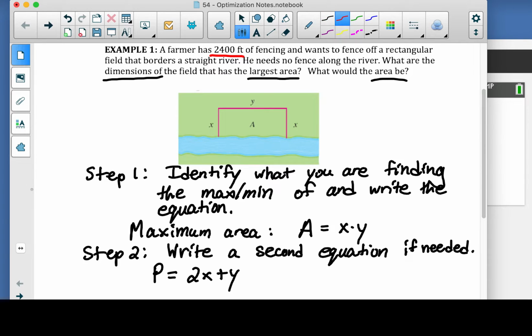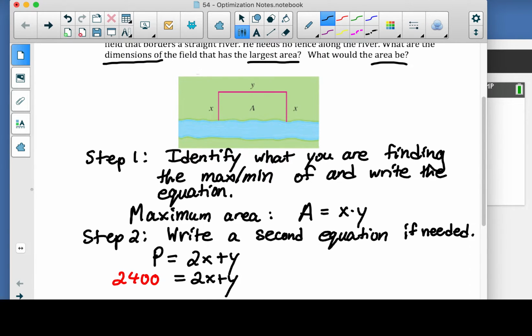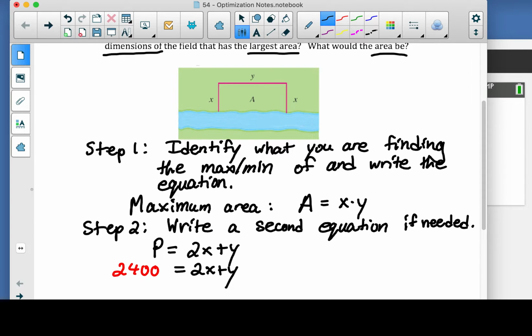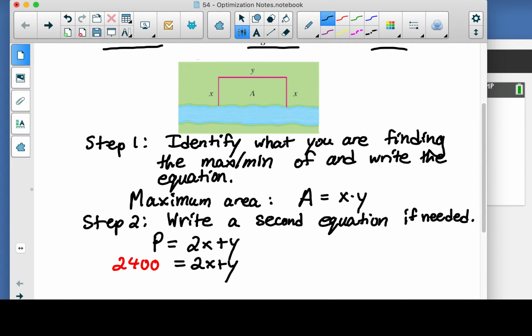In fact, I'm going to keep that in red. And then we're going to pick something. We want to substitute from that into the area equation, because our focus when we are working with this is to work on the area equation.